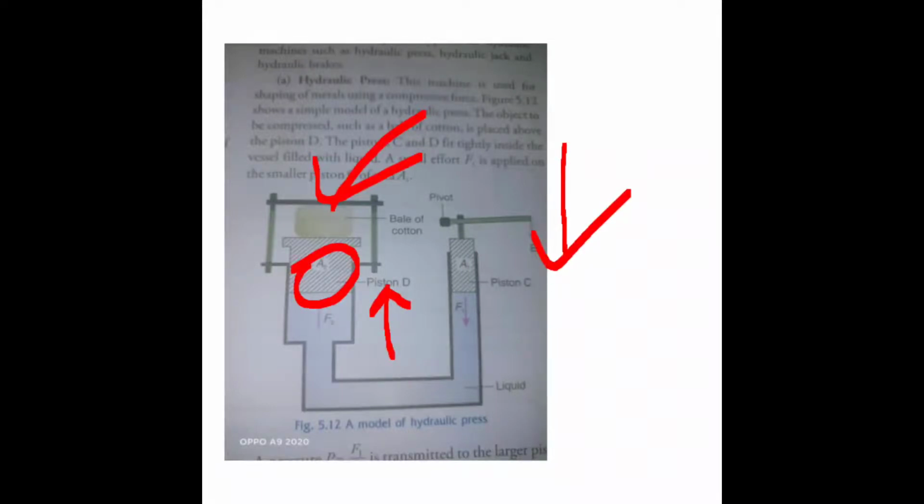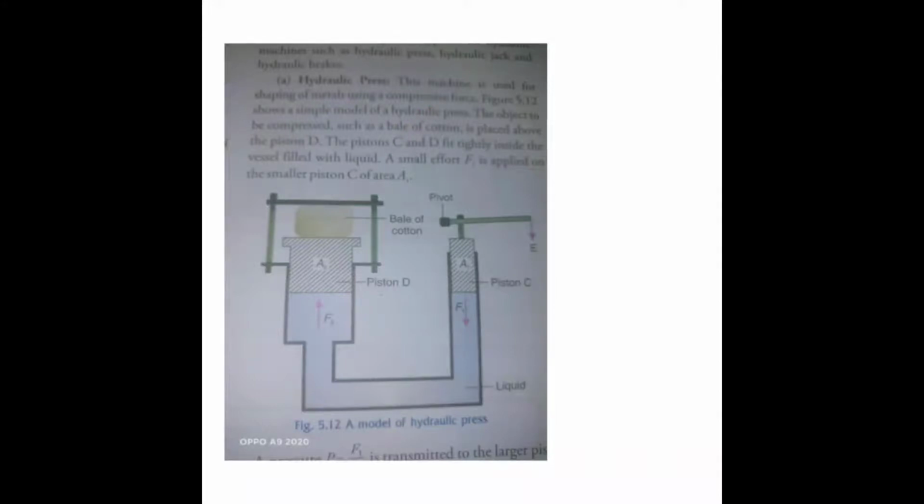You can consider these as two pistons, piston C and piston D. When you apply a force on piston C, piston D moves up and squeezes the bale of cotton.